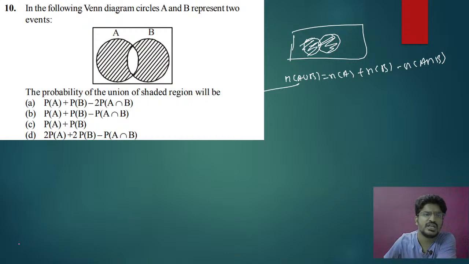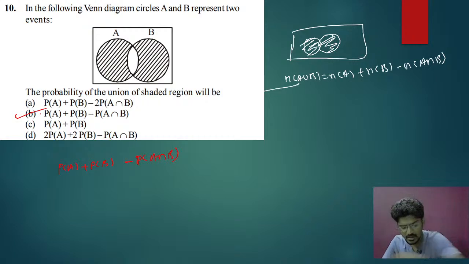So that is P of A plus P of B minus P of A intersection B. Clear? So that is option B.